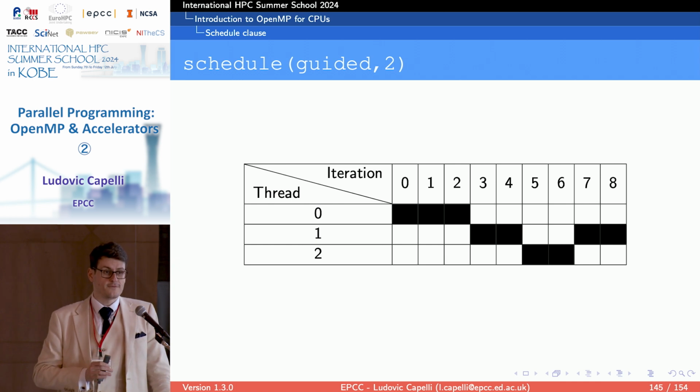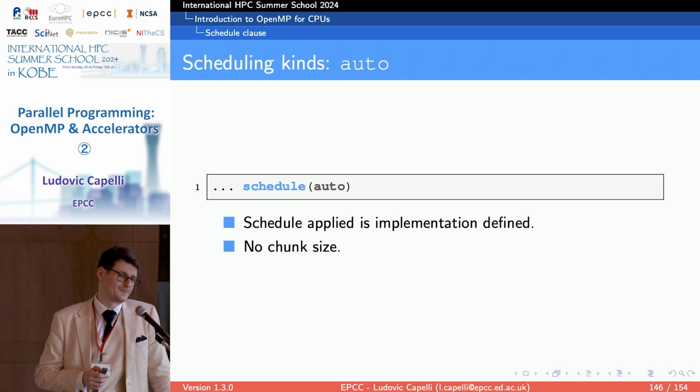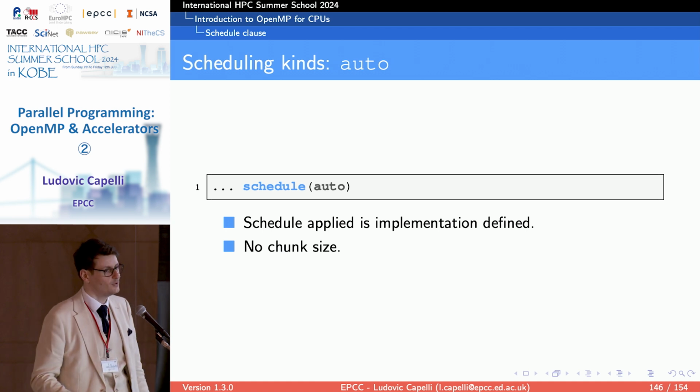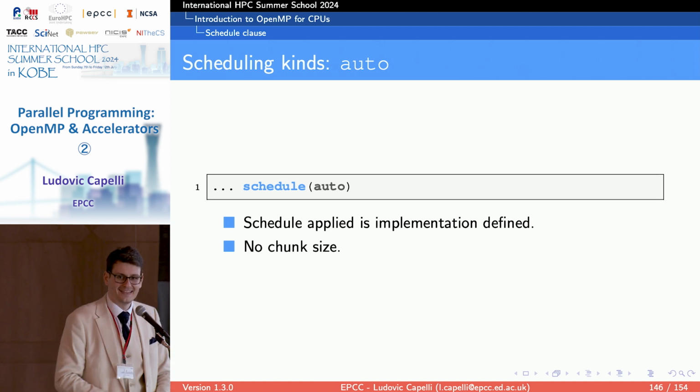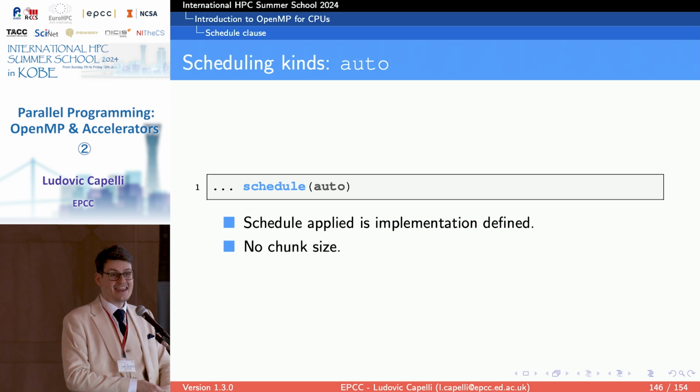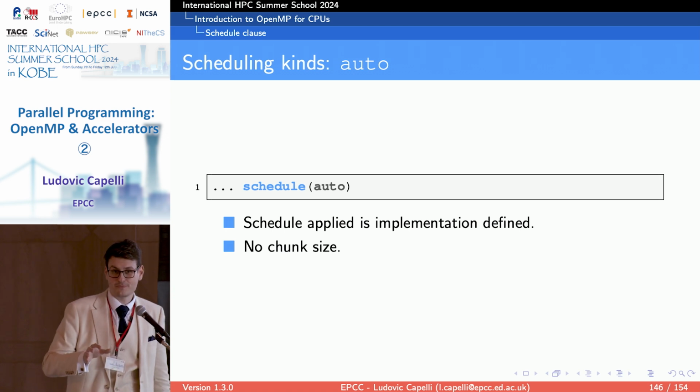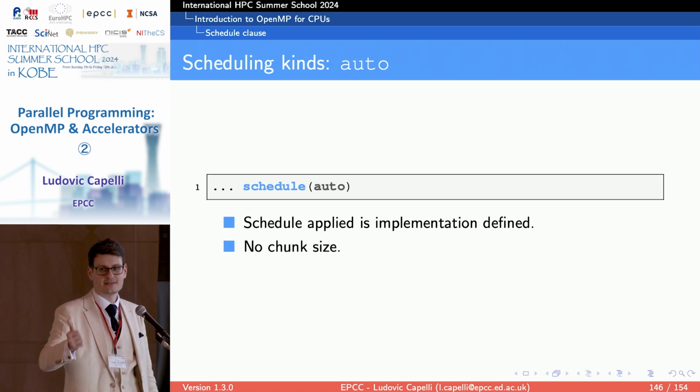Now, my favorite scheduling clause, auto. Why? Because auto just tells the compiler, I trust you, pal, you'll do a good job, go for it. You don't give any instruction, you have no clue what's happening, you cannot know what's happening, and it may do something even trickier than static, dynamic, or guided.